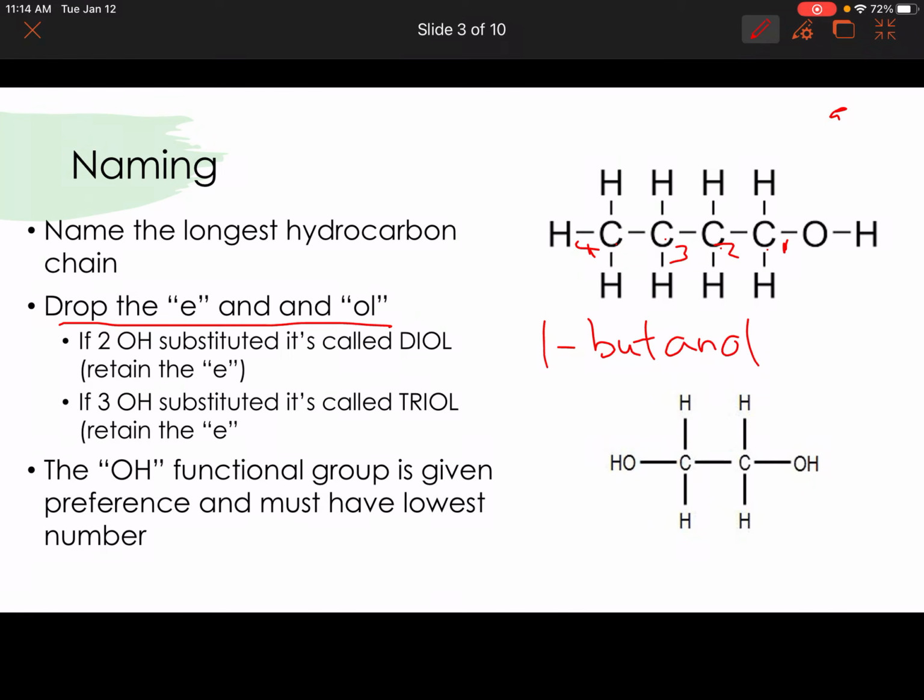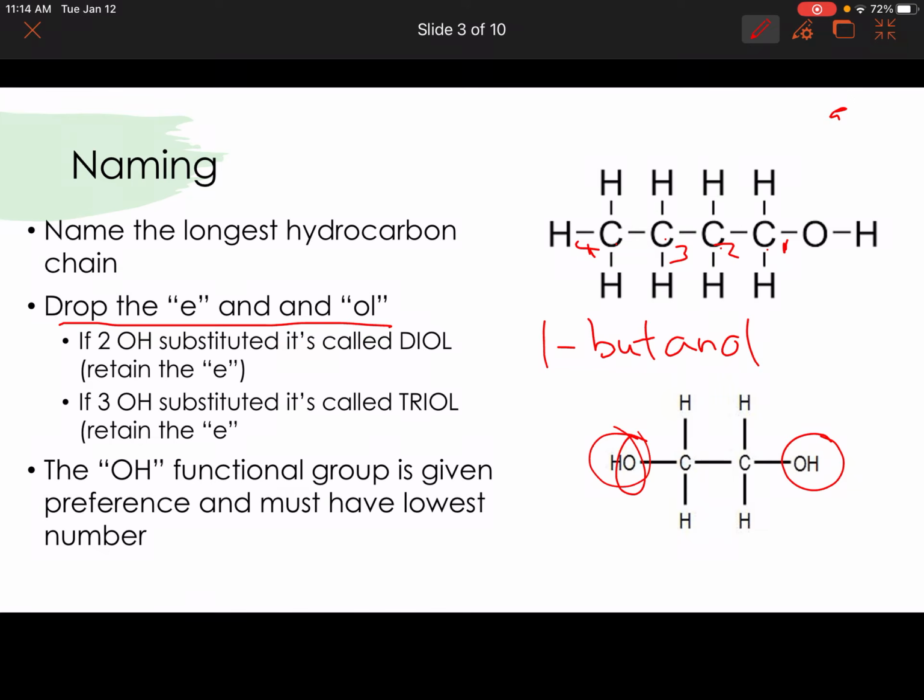Now, we can have more than one hydroxyl group substituted on a carbon. So for example, on a hydrocarbon chain, here we've got 2 hydroxyl groups on that. So when that happens, so if 2 hydroxyl groups are substituted, it's called a diol. So you're going to retain the E when you do this.